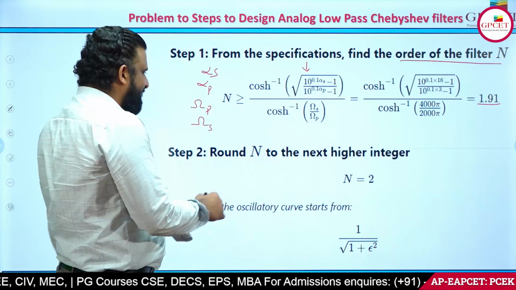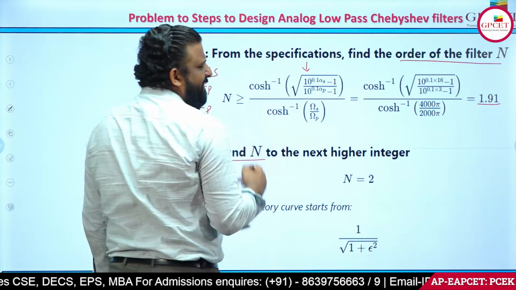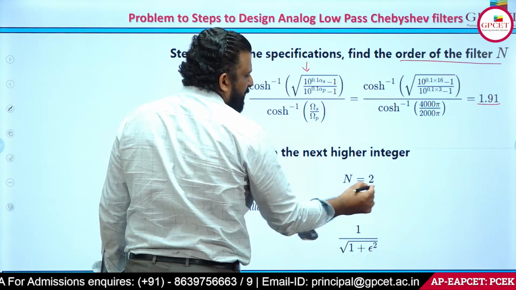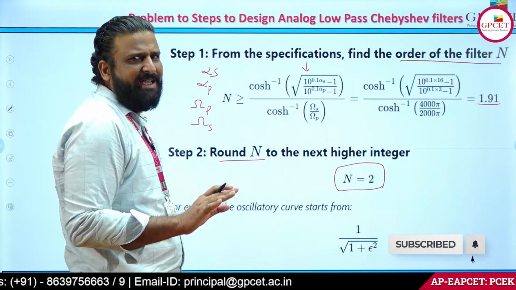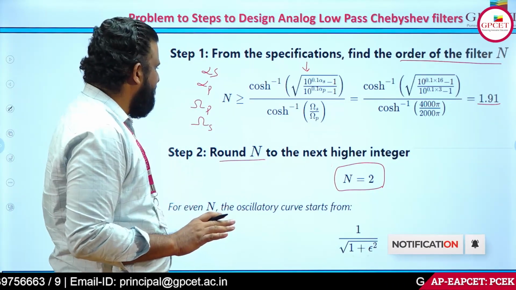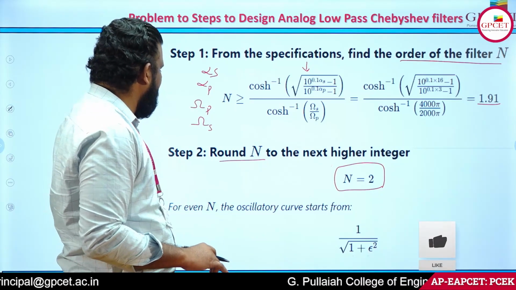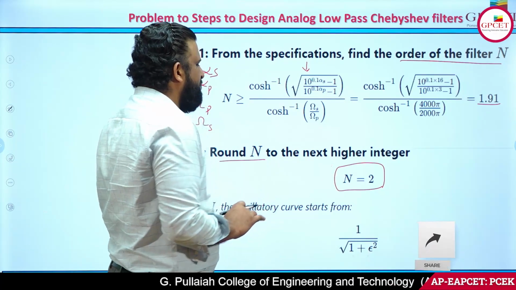Fine. In the second step, we round off that N value to the next higher integer. The next higher integer of 1.91 is 2. So in the second step, I rounded the value to the next higher integer and got N equal to 2. Here the N value is even, so where does the oscillatory curve start?